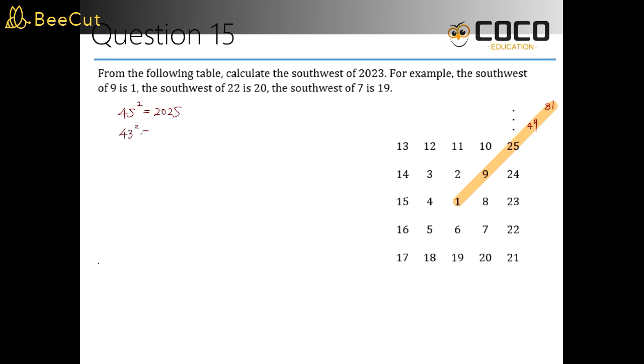43 squared is 1849. So let's write down the numbers. At the corner, you have 2025. Let me check each column here. The numbers below it are smaller. Like here, 25, 24, 23. So 2025, below it is 2024, 2023, 2022.